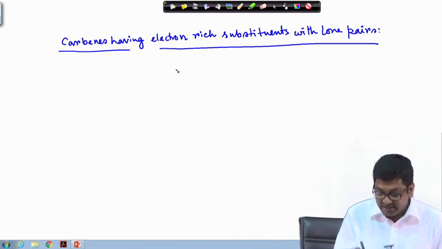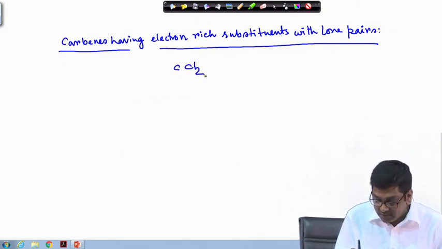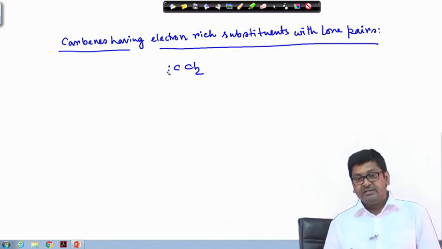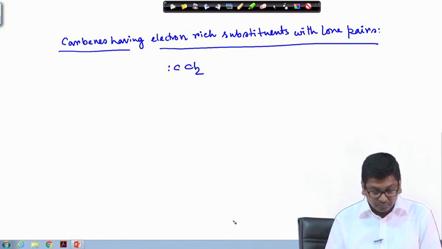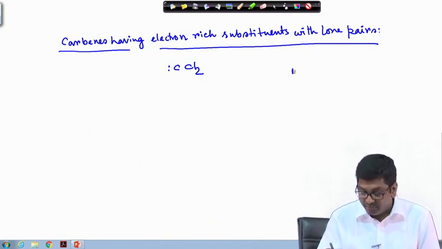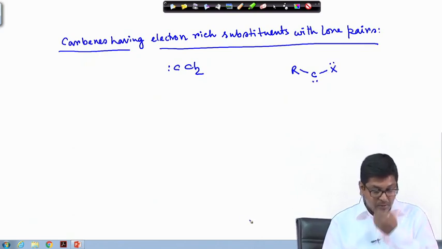As per example, you see this dichlorocarbene. We can write this one like this. Now, X are having lone pair.